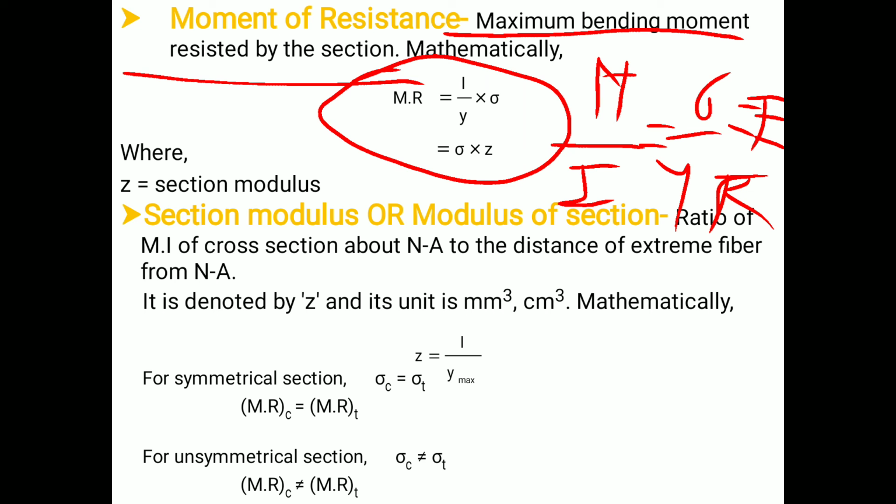Therefore, the moment of resistance is equal to sigma into Z, where Z is the section modulus.